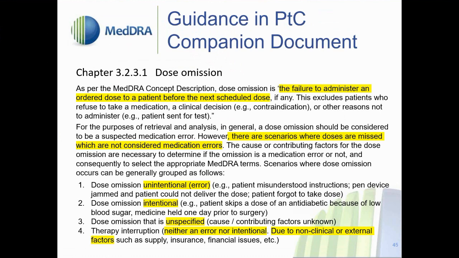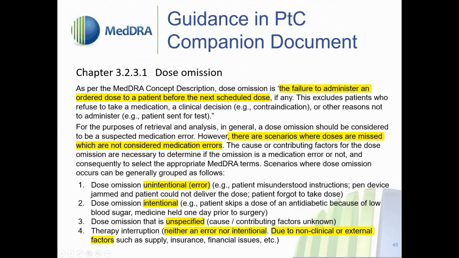So these are the intentional deviations. But those omissions may also be unspecified, where the cause or contributing factor is unknown. And we saw that there are terms in MedDRA that would reflect such vaguely reported dose omissions.